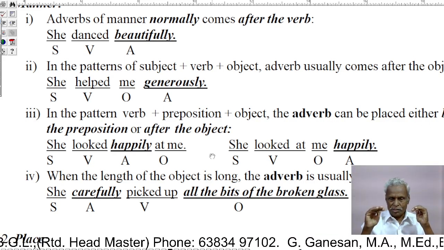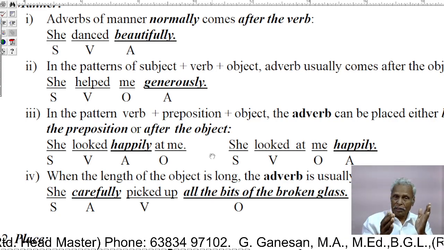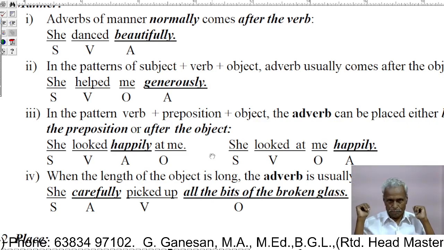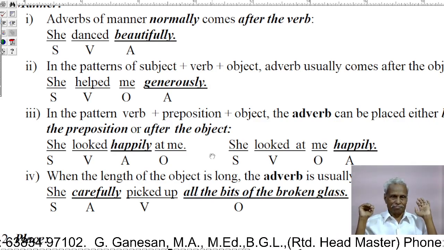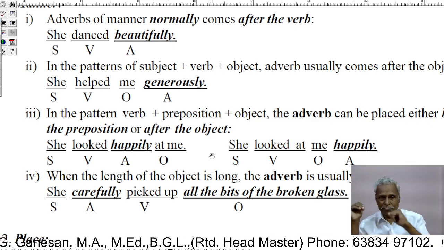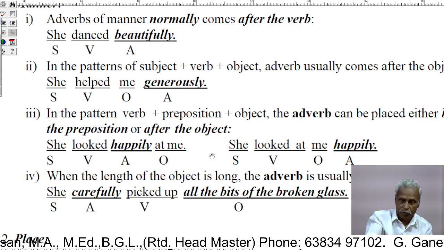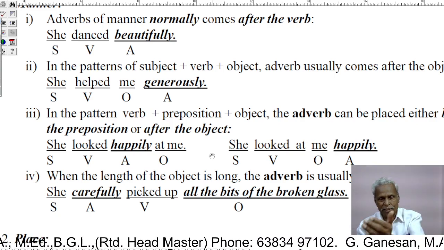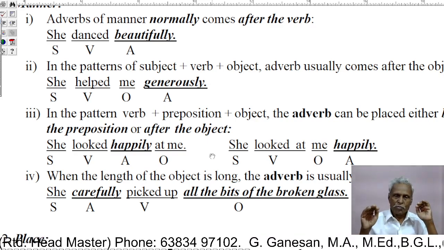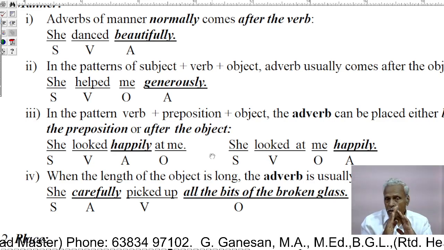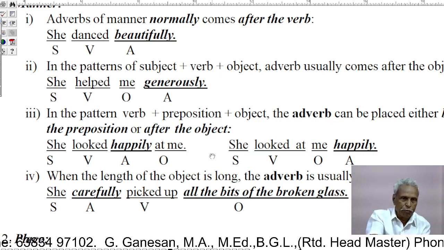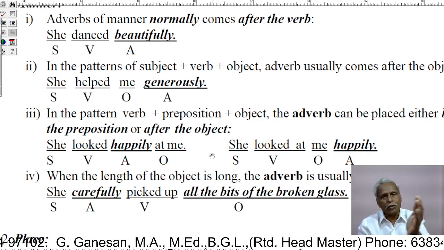In the first sentence, she looked happily at me, the adverb happily has been placed before the preposition at. In the second sentence, she looked at me happily, happily has been placed after the object me. So in a sentence of verb plus preposition plus object, the adverb can be placed either before the preposition or after the object.